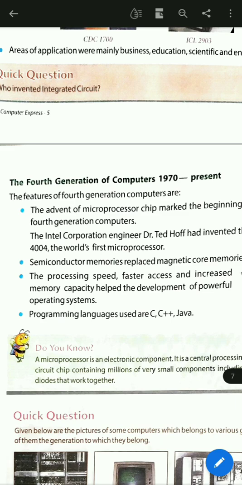Programming languages used were C, C++, and Java. So in this period the languages used for giving instructions to the computer were C, C++, and Java.